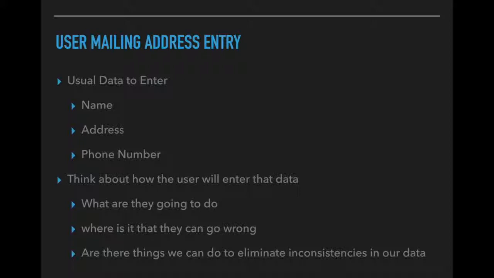And finally, what can we do to help eliminate inconsistencies in our data? Do we want to provide data for the user? Do we want to go back and double check that they have everything in there?